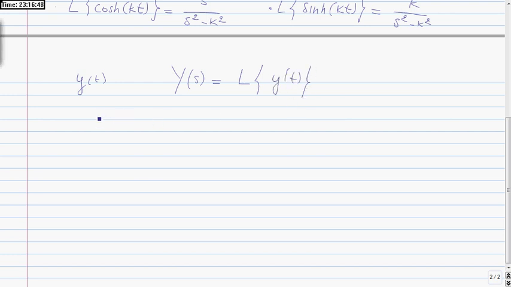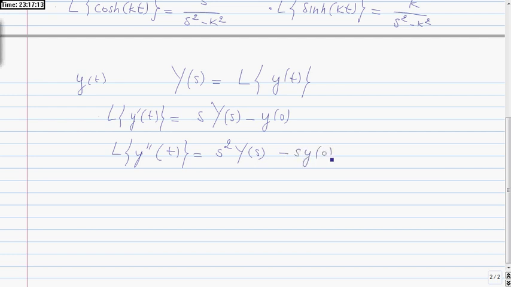We'll have the following relations: Laplace of y prime of t is s Y of s minus y of 0, and Laplace of y second of t is s squared Y of s minus s y of 0 minus y prime of 0. So this can be used for solving differential equations.